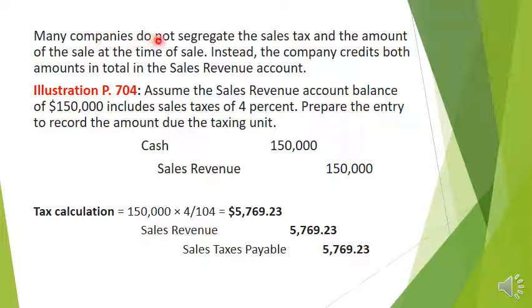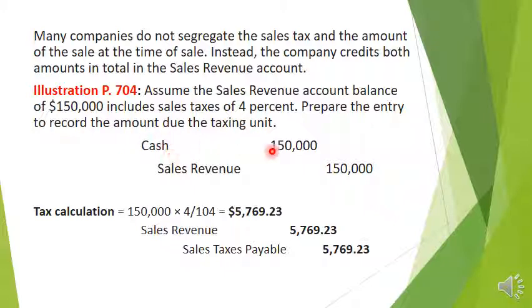Many companies do not segregate the sales tax and the amount of the sale at the time of sale. Instead, the company credits both amounts in total to the sales revenue account. Assume the sales revenue account's balance is 150,000, including sales tax of 4%. Prepare the entry to record the amount due to the taxing unit.